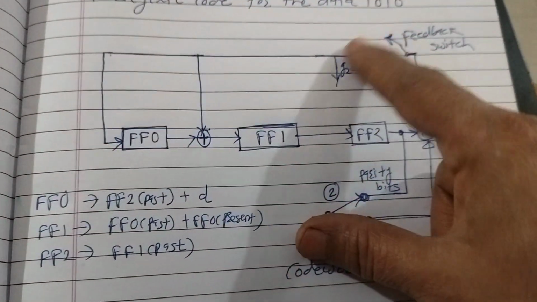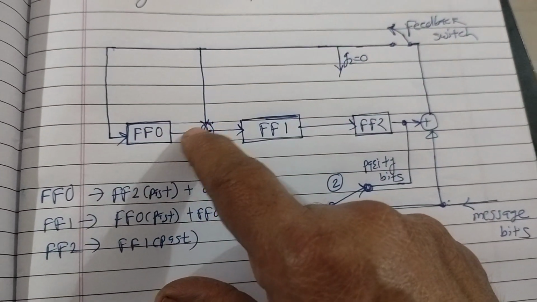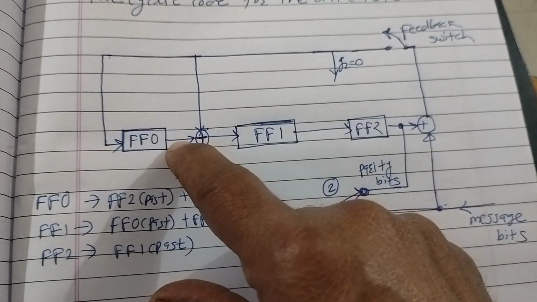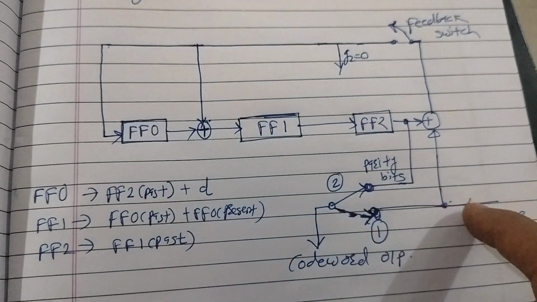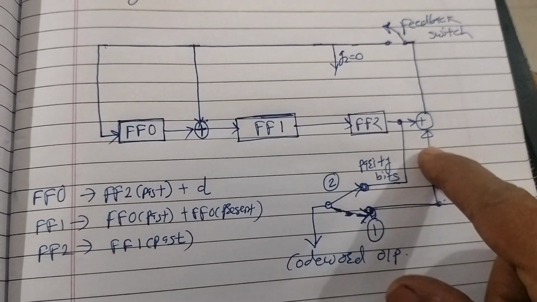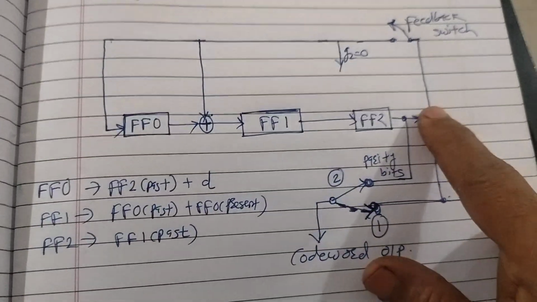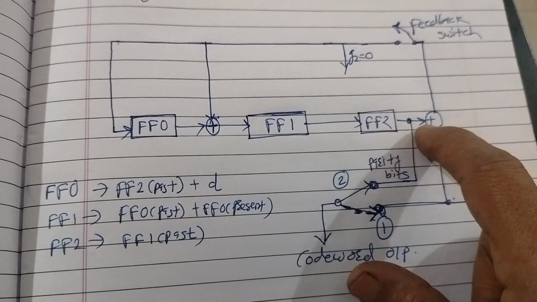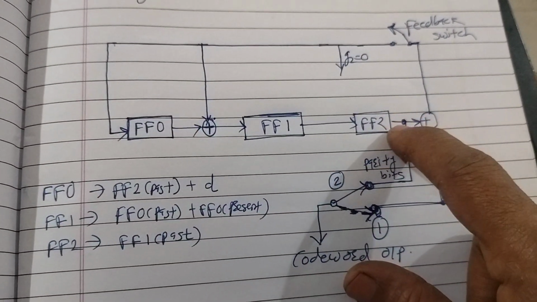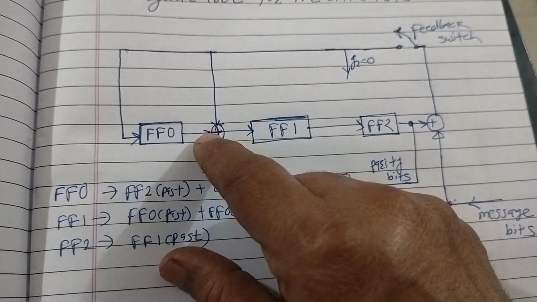So when the feedback switch is closed, then flip flop 0 output will be this message bit, that is D, plus flip flop 2 past output. So that will appear here, then after that it will appear here.